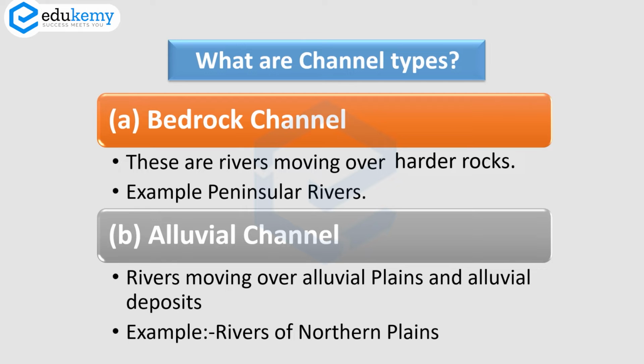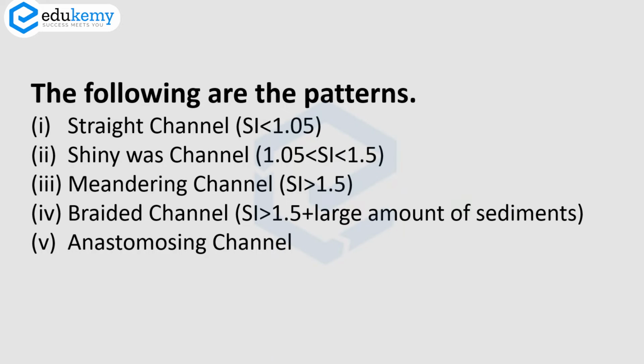So there are two types of channels. The following are the patterns: straight channels, sinuous channels, meandering channels, and to this you can add braiding channels and anastomosing channels.